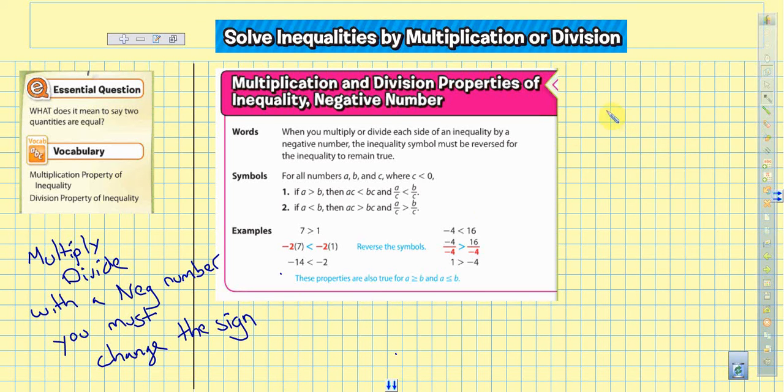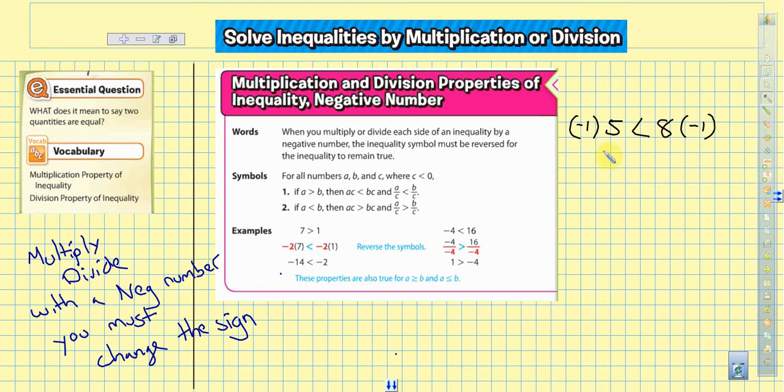Let's say that we have 5 is less than 8. We can agree that that's a true statement because 5 is less than 8. But what if, using my multiplication property, I multiply by a negative 1 on both sides?